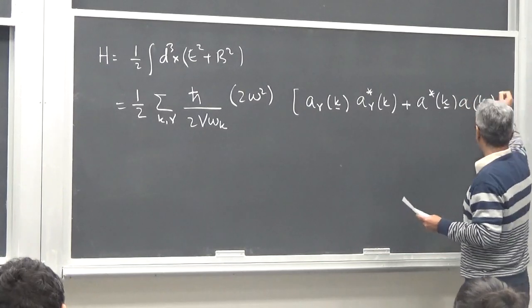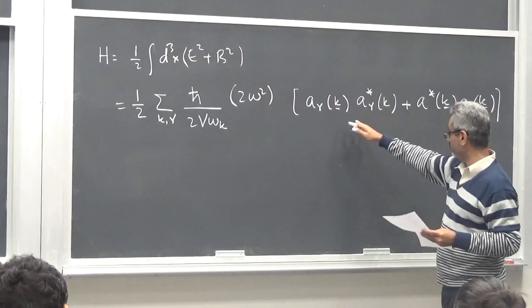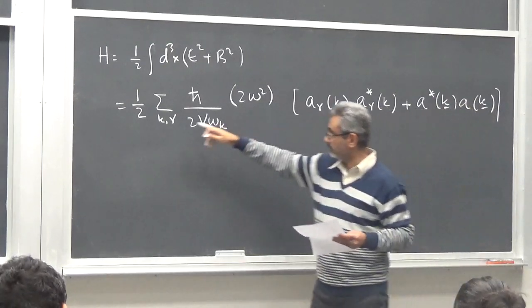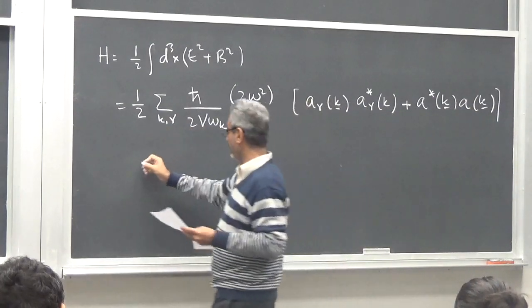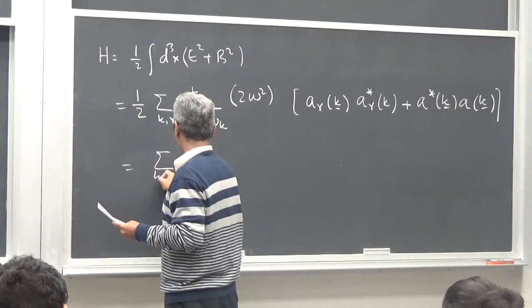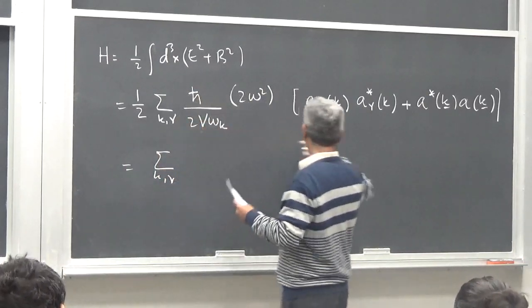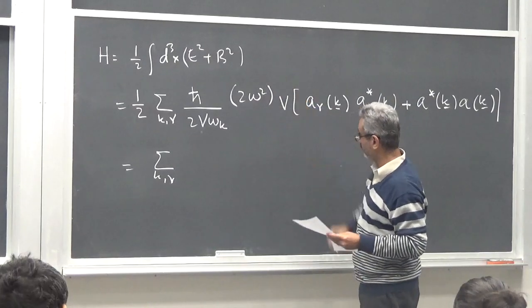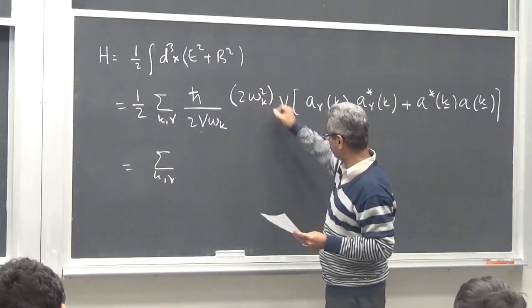Of course, at this level, you can just simply add them up. This will cancel this 2. And so you'll get k r, and then there's a V, this V k.